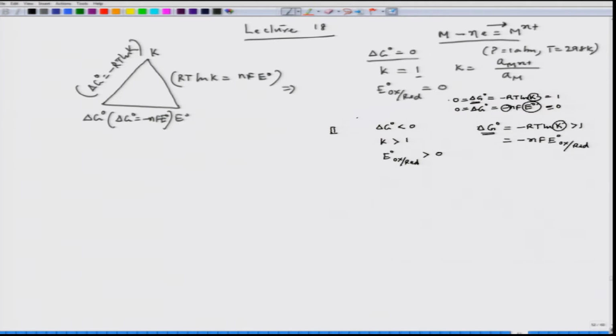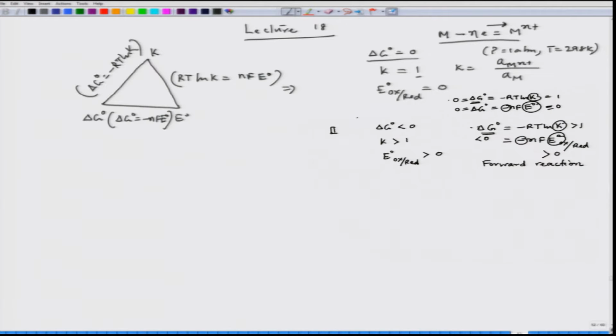Here we are considering the reduction potential, red ox by red. In that case, if this is less than 0, then since there is a minus sign, this has to be greater than 0. If K is greater than 1, that means the reaction should move towards the forward direction.